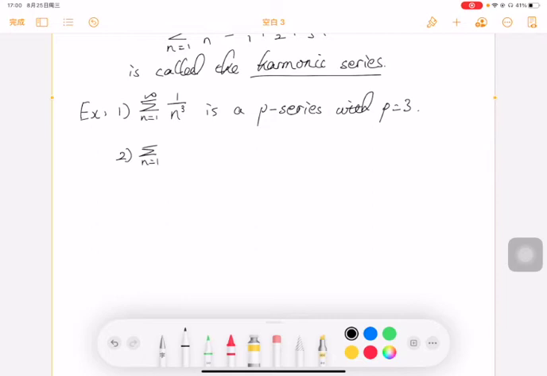And then the sum of 1 over square root of n. Well, since square root of n equals n to the 1 over 2, this is a P-series with p equals 1 over 2.